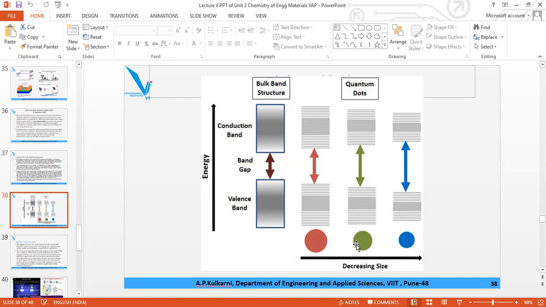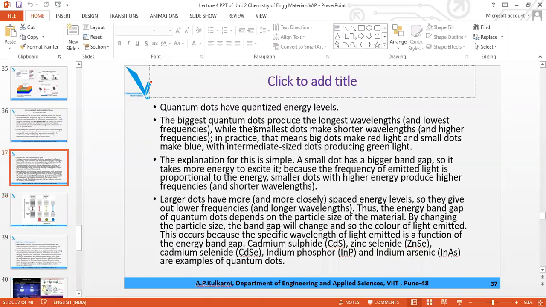These are the quantum dots: the biggest one has the lowest band gap, the moderate one has a moderate band gap, and the smallest one has the highest band gap. So the biggest quantum dots produce the longest wavelength because they require the smallest energy.